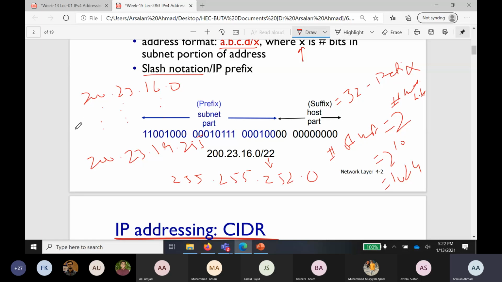We are combining 4 class C addresses: 23.16.0, 23.17.0, 23.18.0, and 23.19.0. Every class C address has 256 hosts in the last octet. Four class C addresses combined means 1024 hosts, and this is exactly the scenario we have.